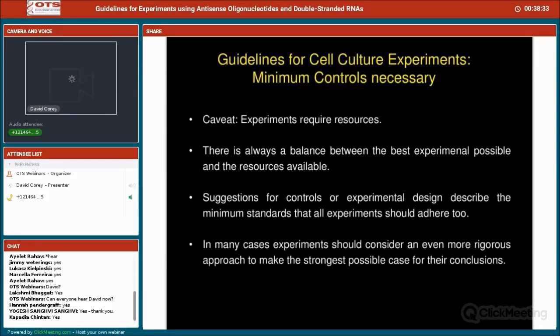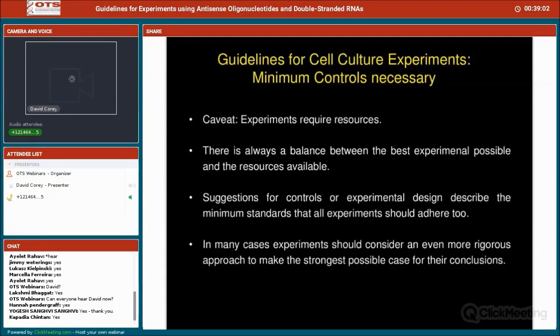There's going to be one set of resources available at a company like Ionis or Alnylam, who are able to throw hundreds of oligonucleotides at a particular problem. There's an entirely different set of resources at a small laboratory that may be working off a budget of a few $1,000s a year. So the goal here is to do the best experiment with the resources available.